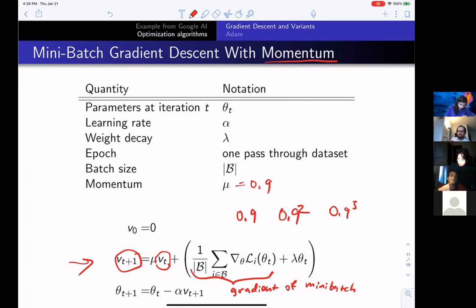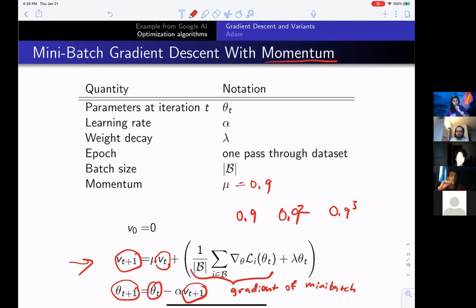So in the first step, the gradient is very impactful, then it becomes less impactful, and so on, because it keeps getting multiplied by the scalar. And the gradient step is very simple. It's saying theta t plus 1 is theta t minus the learning rate times this running sum. Does this make sense?